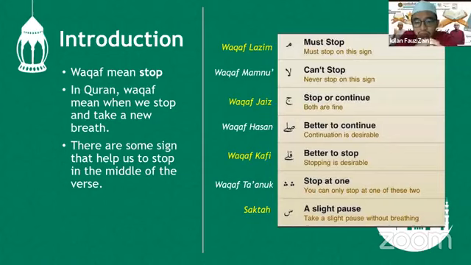For the Waqaf Ta'annu, usually there are three dots at two different places. The principle is we can only stop at either one. For example, if we choose the first three dots, we cannot stop at the next three dots. And if we choose the second three dots, we shouldn't stop at the first, or we don't stop at all. I will explain in detail with the example.